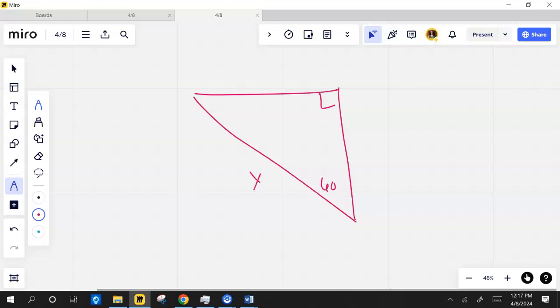Is this the one you're talking about for 8? Or am I on the right sheet? Wait, let me see it. Look out the window at the wall.